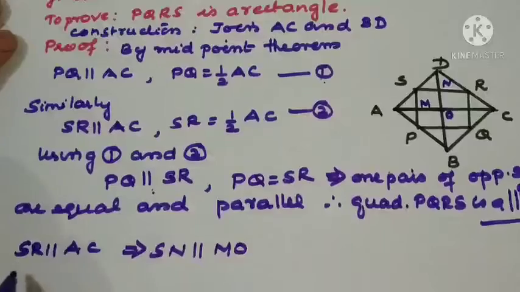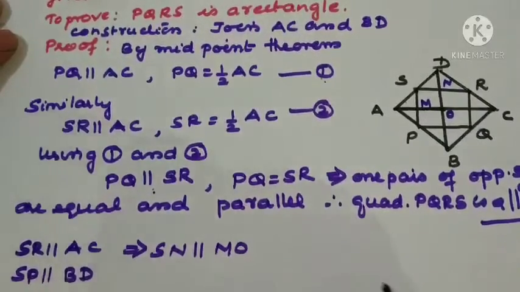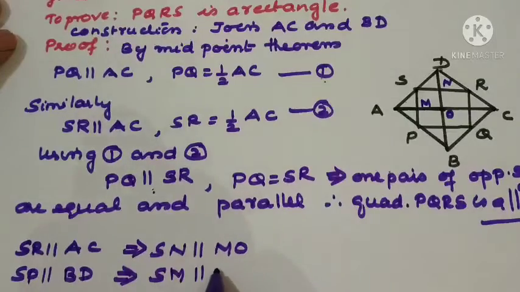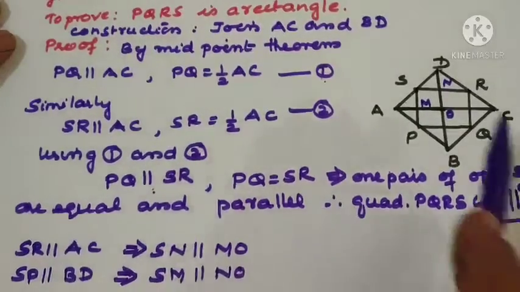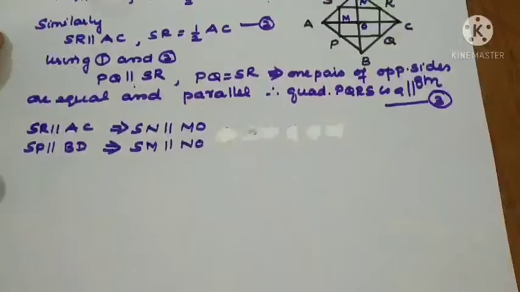Similarly, SP parallel to BD, same rule, the midpoint theorem only. If SP is parallel to BD, what can we write for SM? SM parallel to NO, because MO is a part of AC. Similarly, NO is a part of BD.